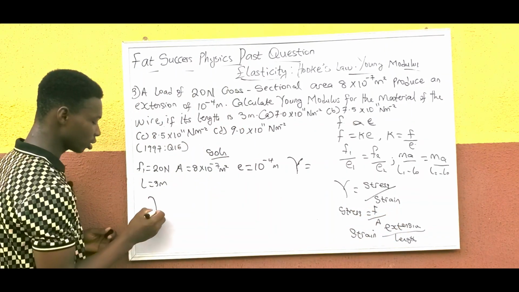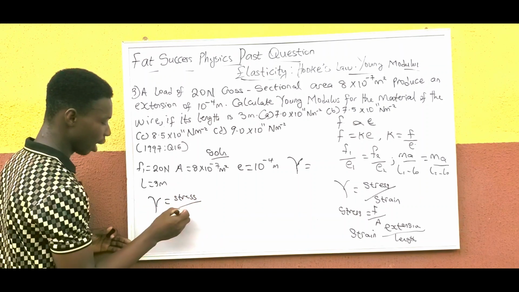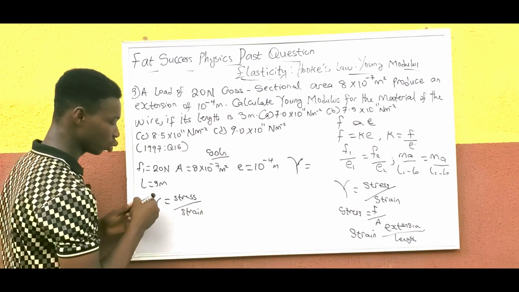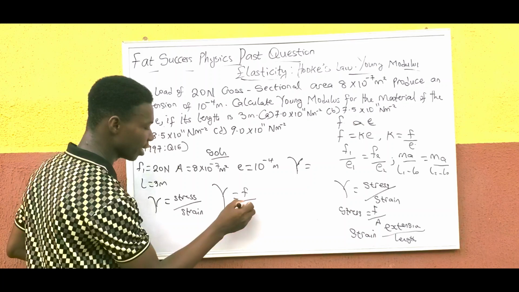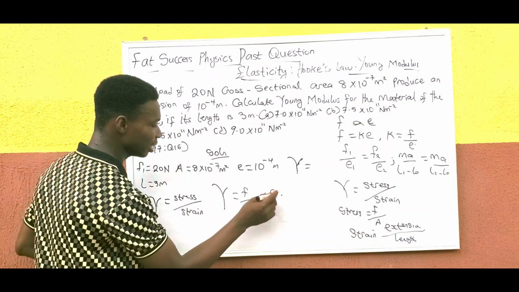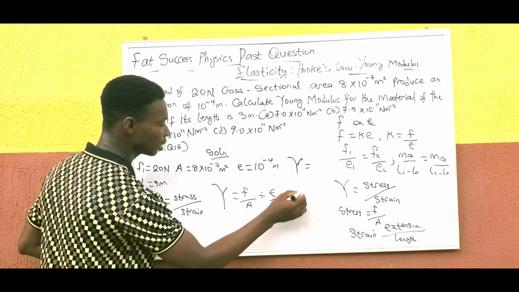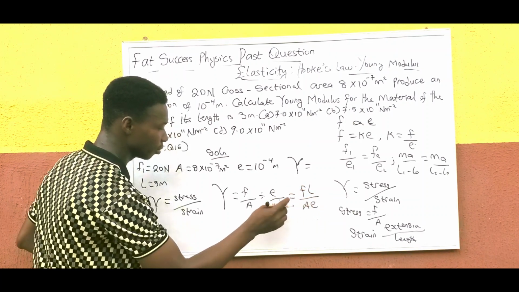So we have Young modulus equals stress all over strain. I present my whole formula in this way: Y equals F over A, divided by E over L, which is the same thing as FL all over AE.